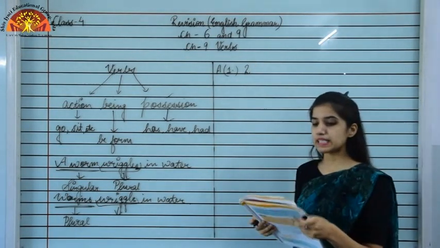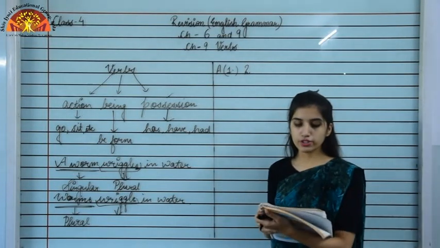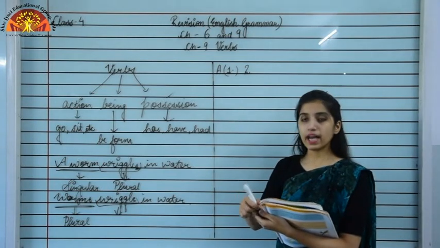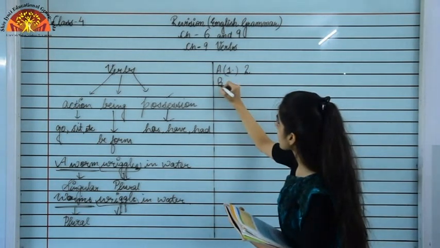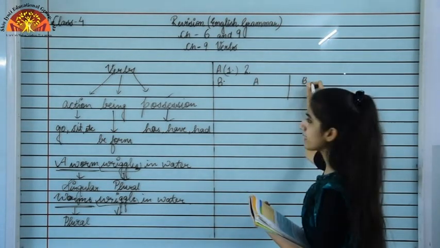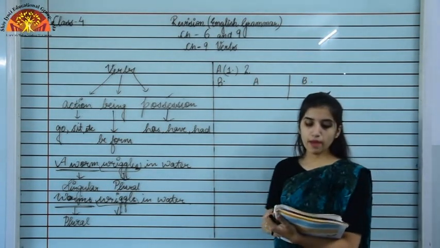Moving to exercise number B. Match the actions to the animals that can do them. Okay, so in exercise B we are given column A and column B. What we have to do is match the things.